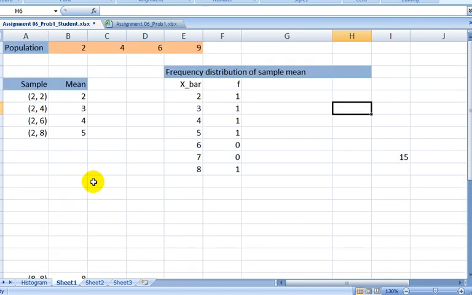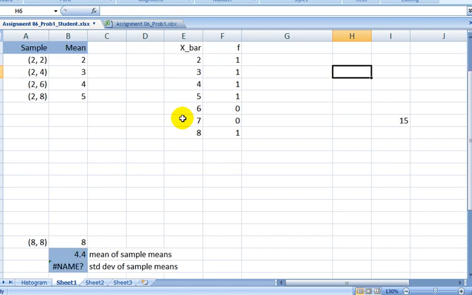And then the next thing you do is, each time you have a mean, you calculate the mean value of all the sample means. This value here should be the same as the mean value of the population.